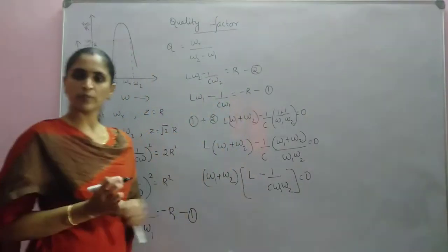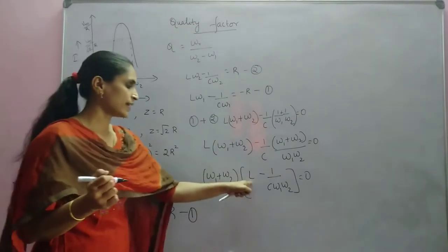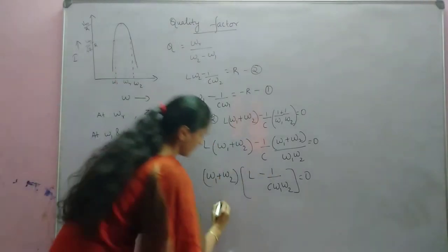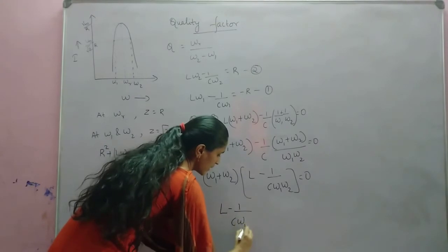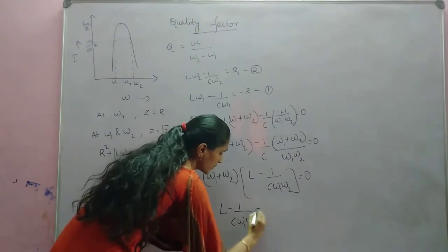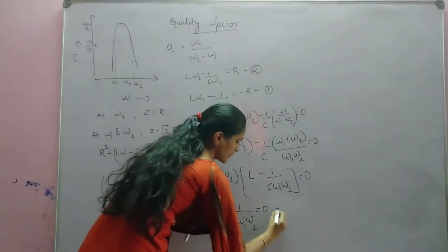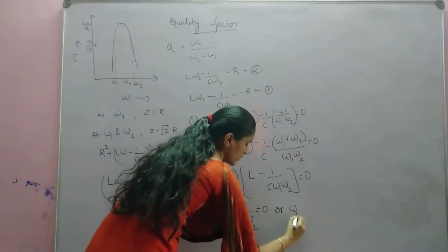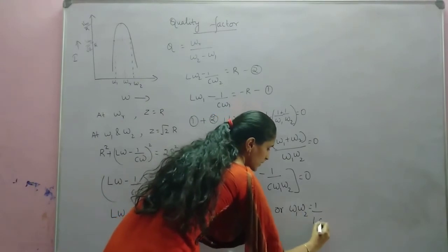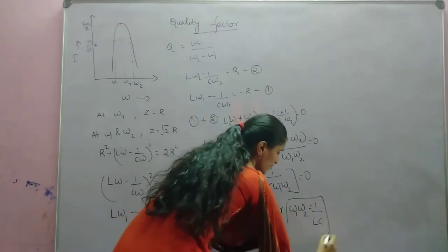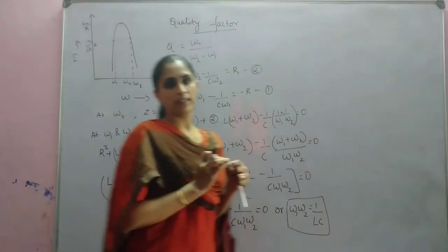And omega 1 plus omega 2 cannot be 0. So we can write L minus 1 by C omega 1 omega 2 is equal to 0, or omega 1 omega 2 is equal to 1 by LC.